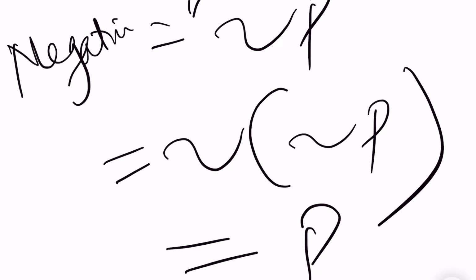So we are having negation of negation P, and we have the statement to be P, in which P is the statement itself.